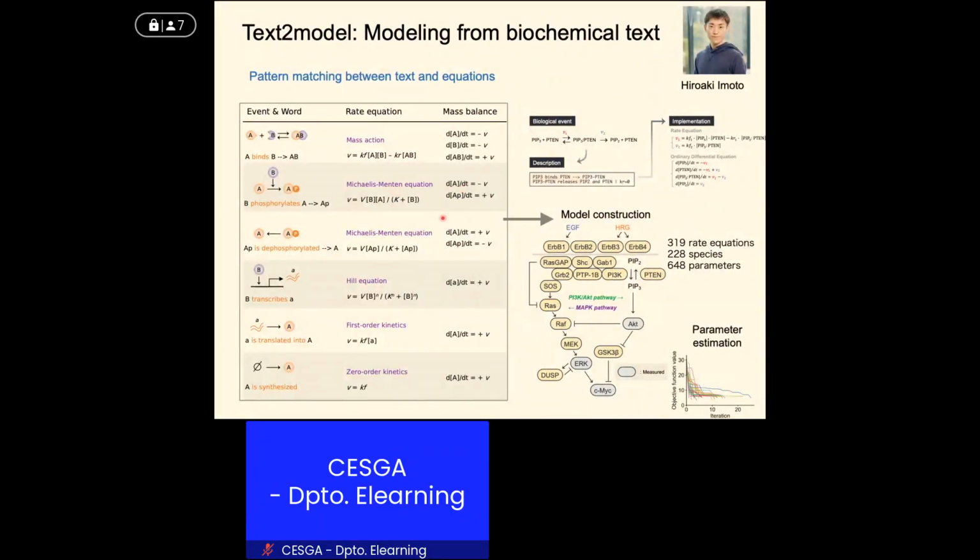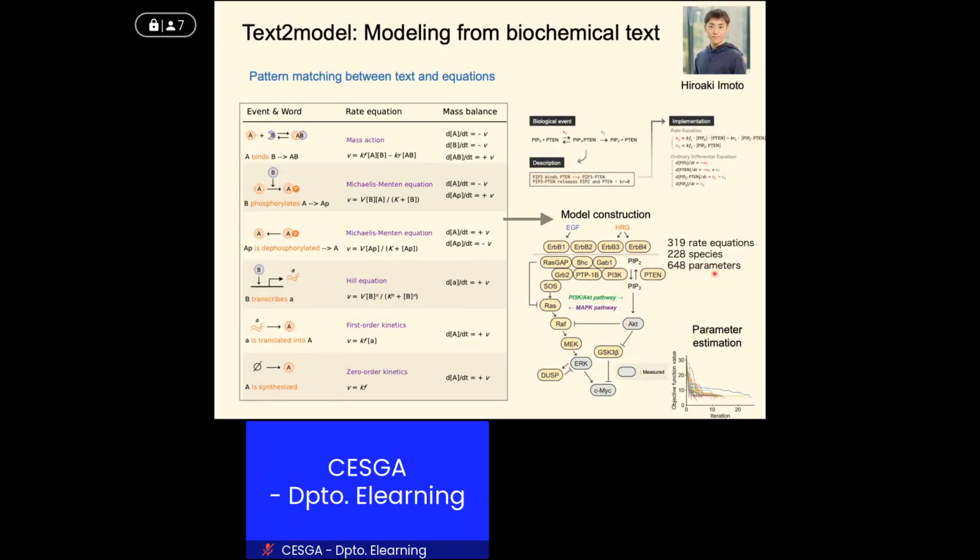So the TEXT model generates Michaelis-Menten reactions, and also Hill equations, decay, and so on. Based on these simple rules, we could make a large model consisting of over 300 differential equations, 200 species and 600 parameters.